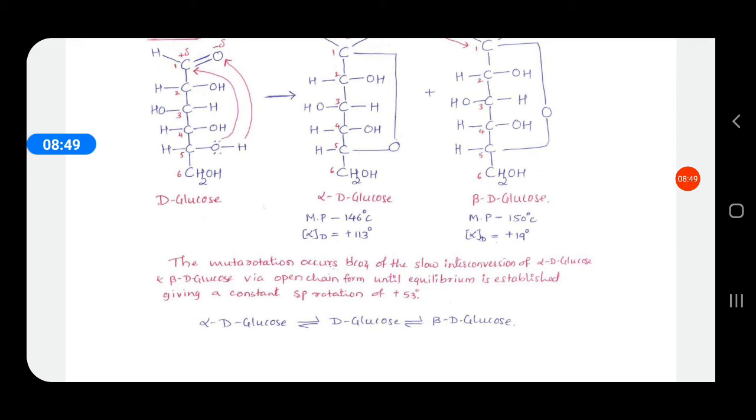That is because equilibrium is established between the 3 structures, that is alpha D glucose, beta D glucose and open chain. When this equilibrium is finally established between these 3 structures, the specific rotation becomes constant, and this is called mutarotation.